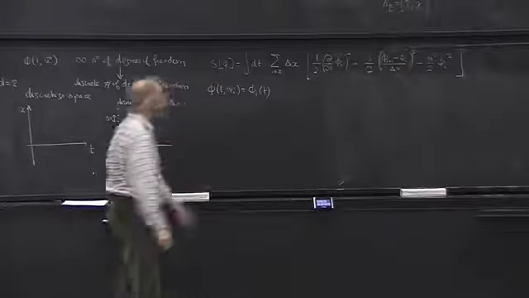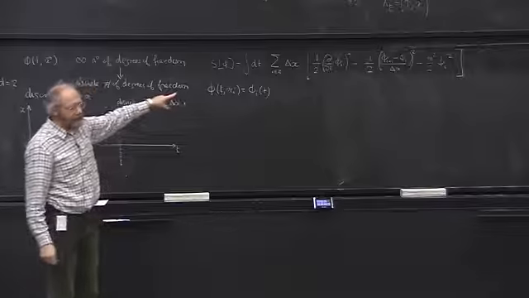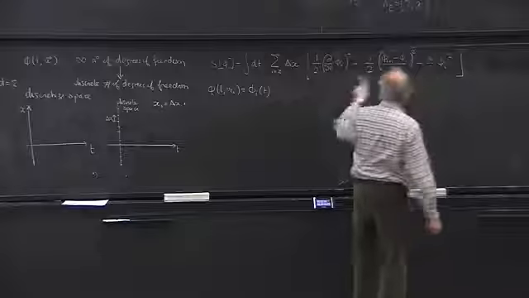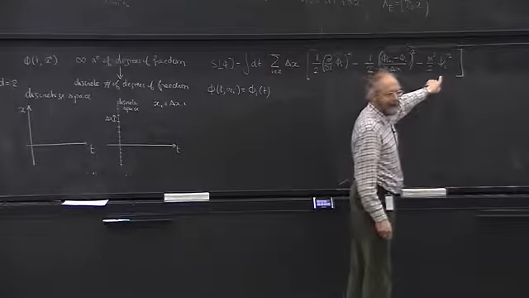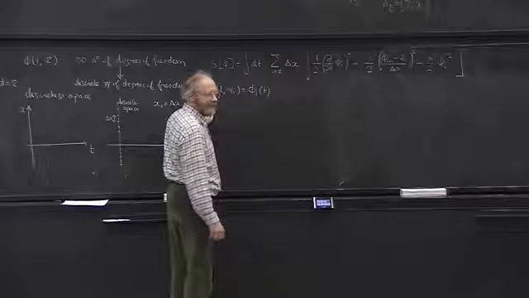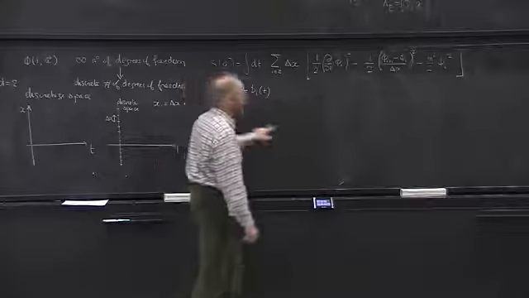Okay. So here you have something which looks very much like just a harmonic oscillator, but you have a collection. This is the action of a harmonic oscillator. So you have an infinite number of harmonic oscillators labeled by i, but they are coupled.